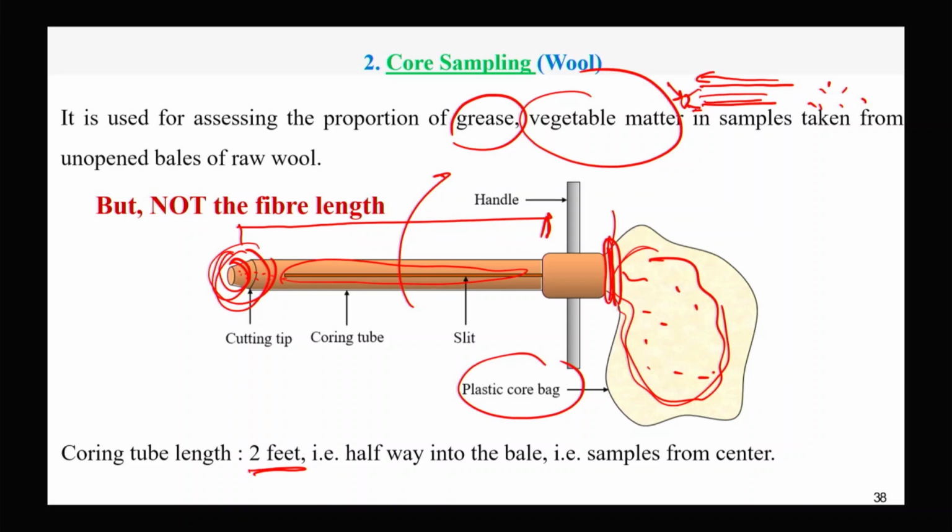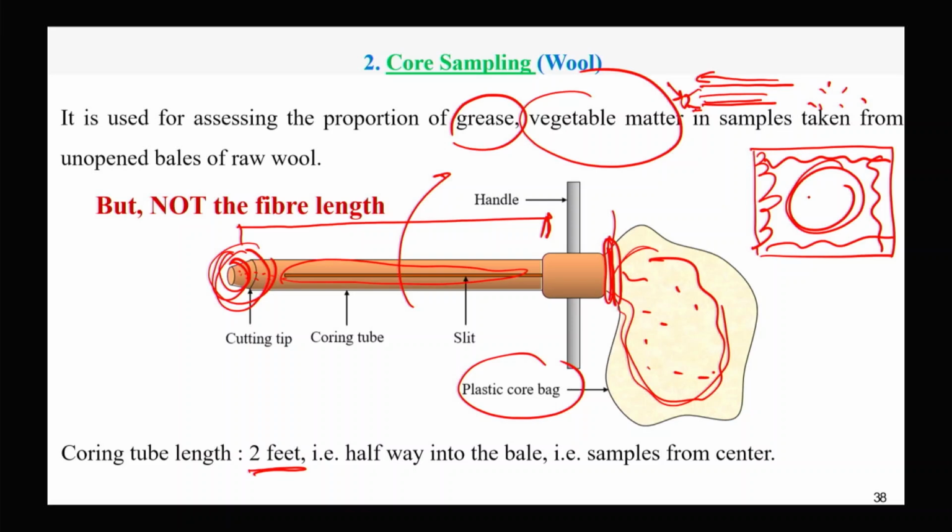The basic idea is this: suppose someone is packing the bale with good quality fiber with lower moisture and grease content on the outside, but trying to mix in fiber with higher grease and moisture content at the core center.